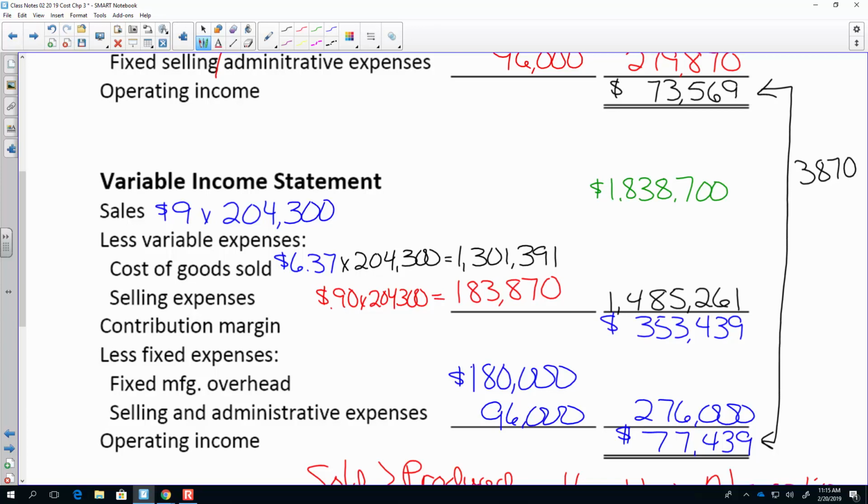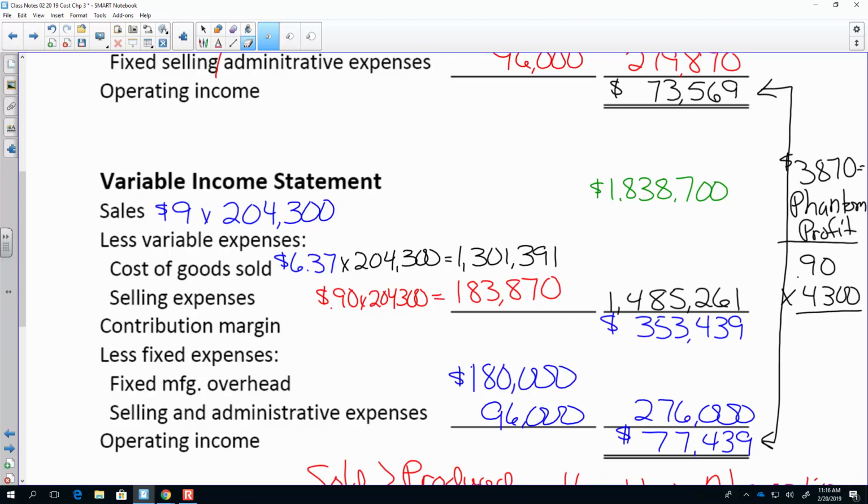All right, 3,870. This is our phantom profit, which is equal to the 90 cents times the difference between production and sold.